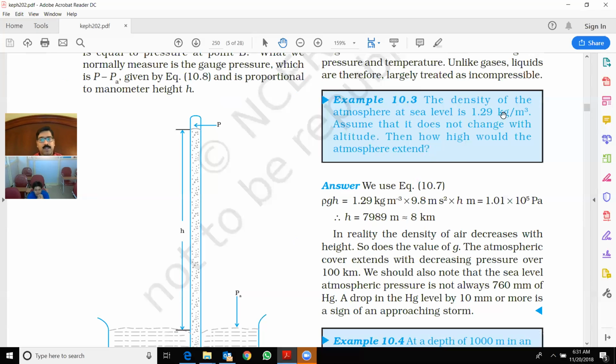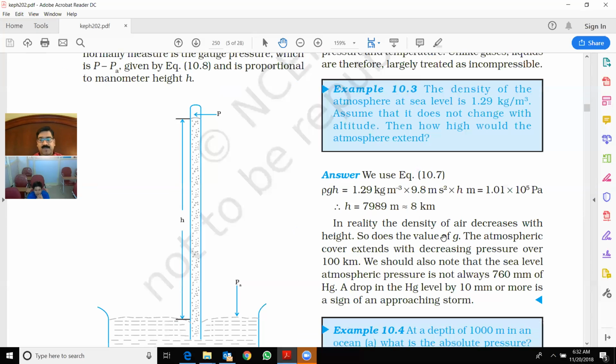And again, if this assumed density is something else, if you assume it's summer, so in summer density will be lesser, in winter density of air will be more, so again you will get a different value for height.